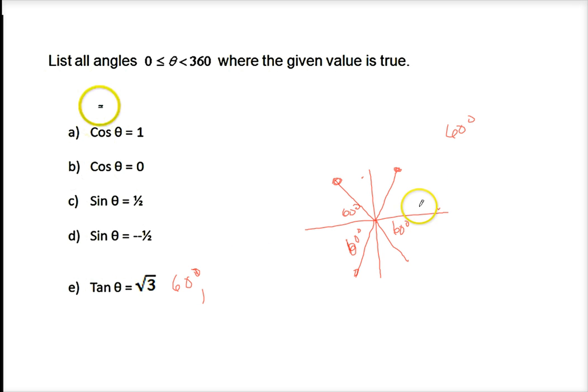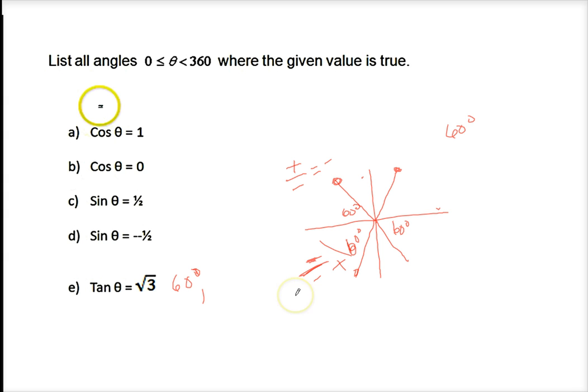Well, tangent is negative here, and the reason for that is because our sines are positive and our cosines are negative. So for tangent, which was y over x, we get positive over a negative, which is a negative. Here, x and y are both negative, so if we divide them, a negative divided by negative is a positive.